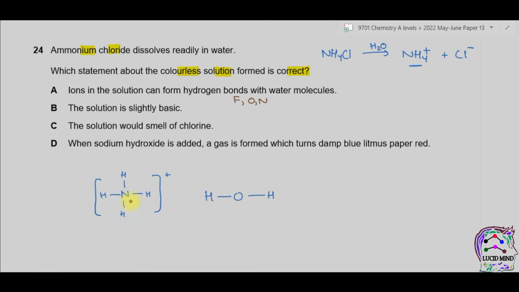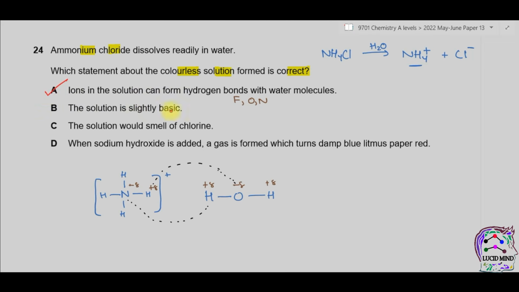So we do have nitrogen attached to hydrogen. Nitrogen is more electronegative, so it is partial negative. Hydrogen is partial positive. Similarly, oxygen is partial negative and hydrogen is partial positive. So the hydrogen of the water molecule will be attracted to the nitrogen of ammonium, and the hydrogen of ammonium is going to be attracted by the oxygen of the water molecule. This will form hydrogen bonding. So part A seems to be correct.